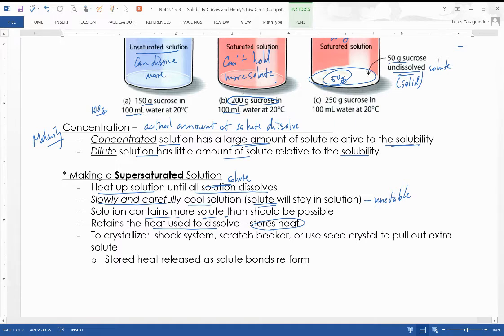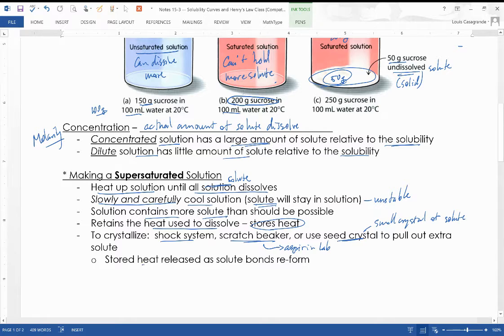But you can recrystallize it, and the way you can recrystallize it is to shock the system, and the demo will show you the shocking of the system. Scratching the beaker. If you remember in the aspirin lab, we had to scratch the inside of the flask, and that was in order to encourage the crystal, if you will, to precipitate or to crystallize, or to use a seed crystal. So it's a small crystal of the solute, and you put that into the solution, and it gives the solute something to crystallize on.